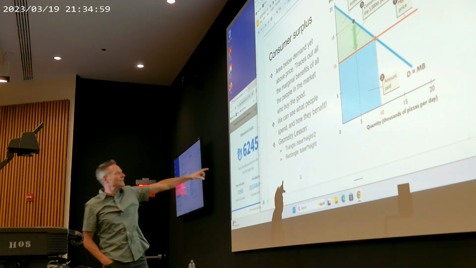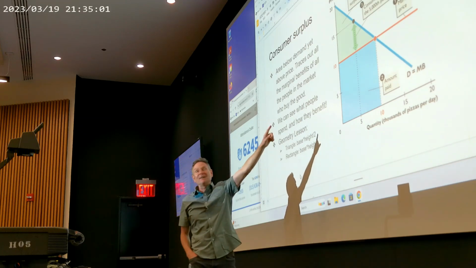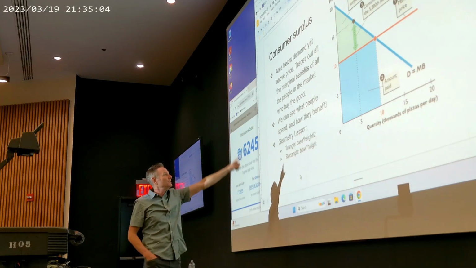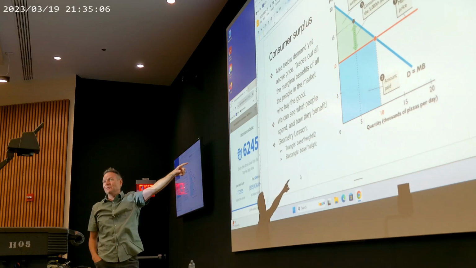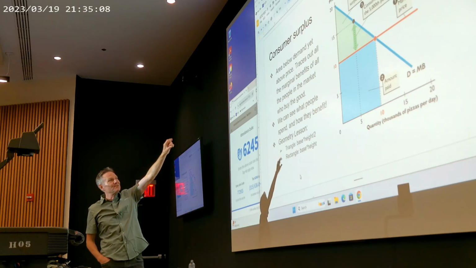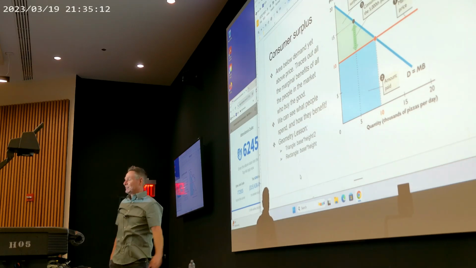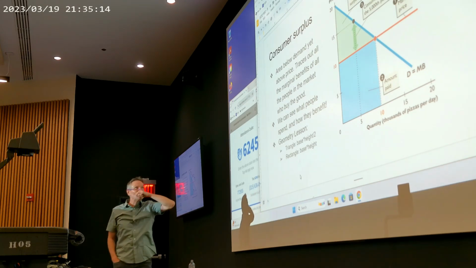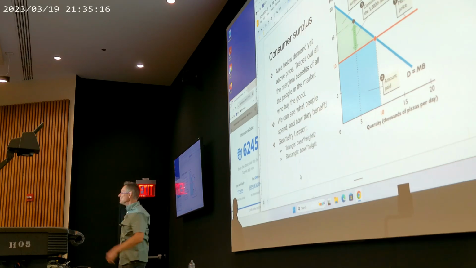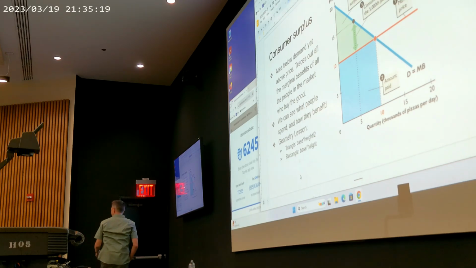So yeah, I could calculate that out. The rectangle is just base times height. That green triangle is base times height divided by 2, right? So it's 10 times 10 is 100, divided by 2 is 50. That would be the area of that green triangle. Very nice connection with theory there.